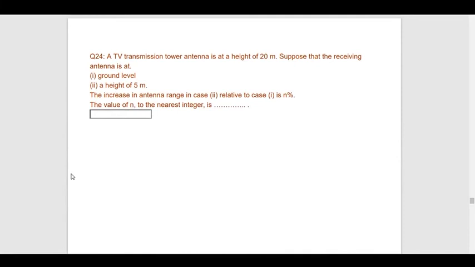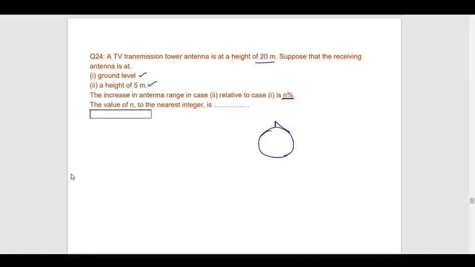This question says that a TV transmission tower antenna is at height of 20 meters. Suppose that receiving antenna is at ground level and is at height of 5 meter. The increase in antenna range in case 2 relative to case 1 is n%. We have to figure out the value of n. Basically what the question is saying is that in first scenario, if this is your antenna, then receiver is present at ground level.